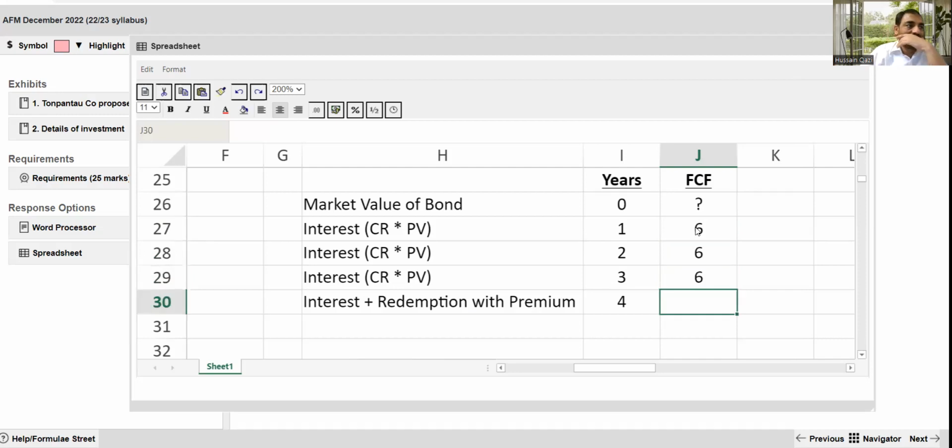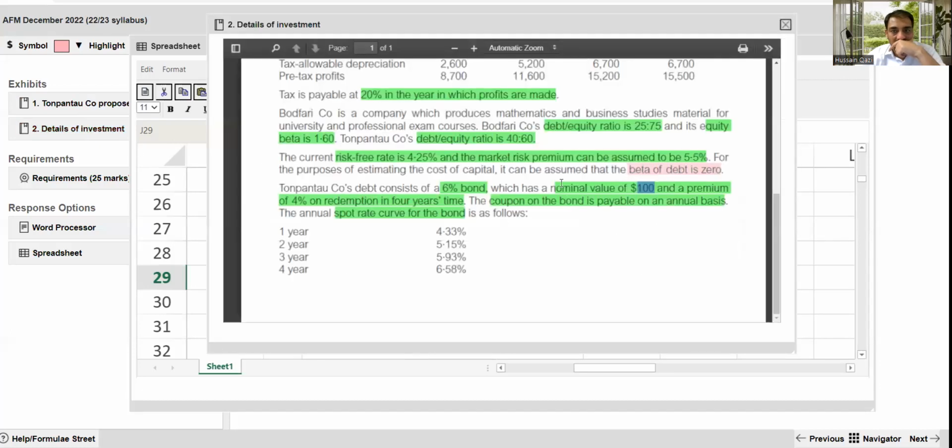And at last, it is equal to 100 plus 4% premium, plus 6.